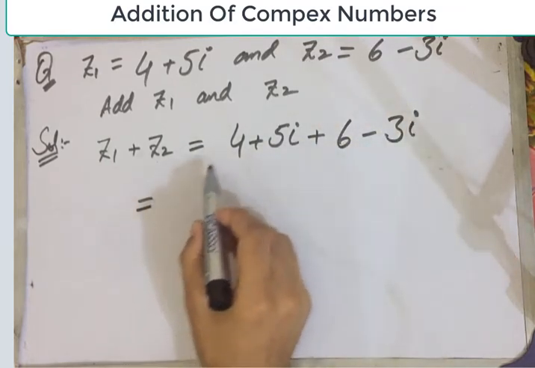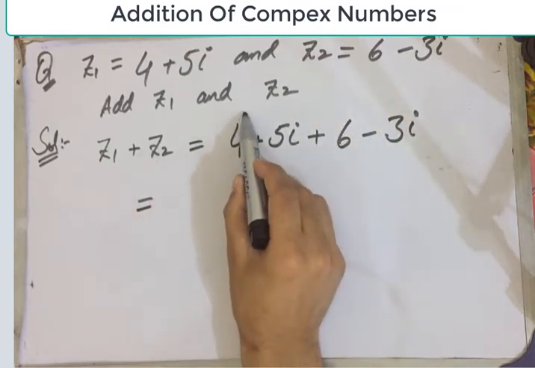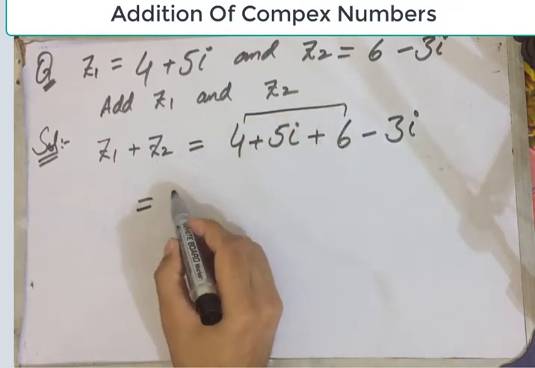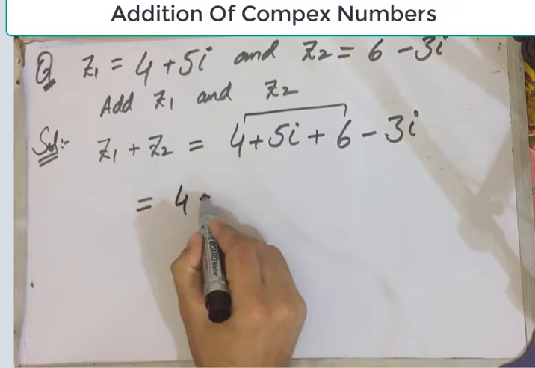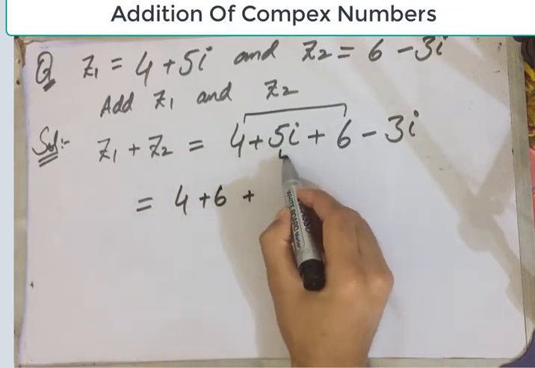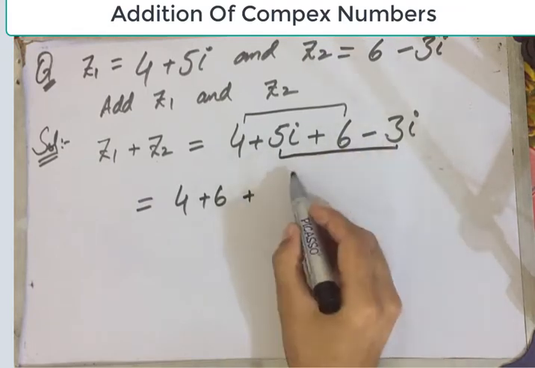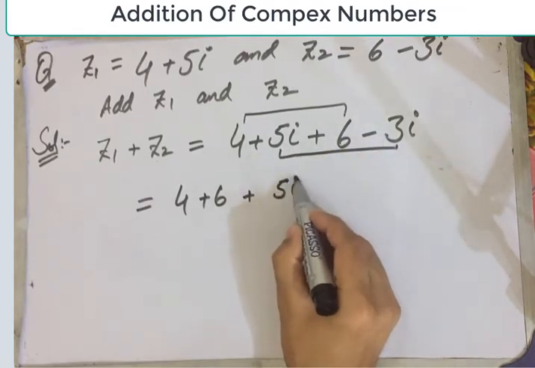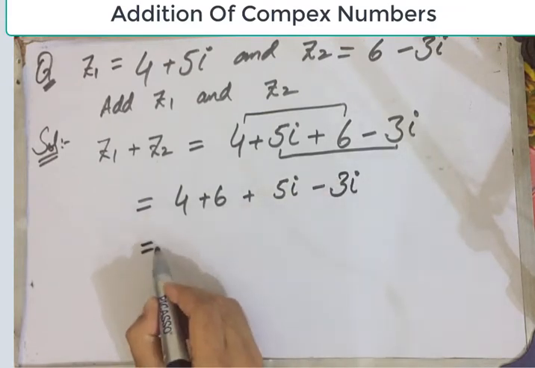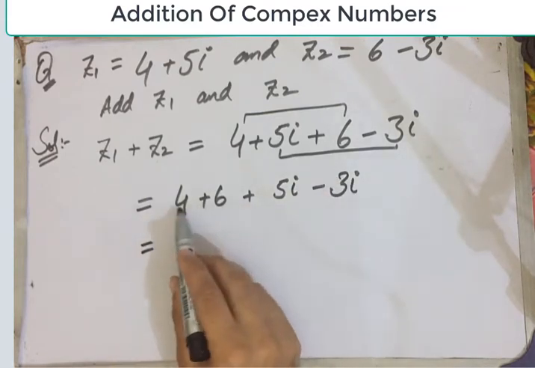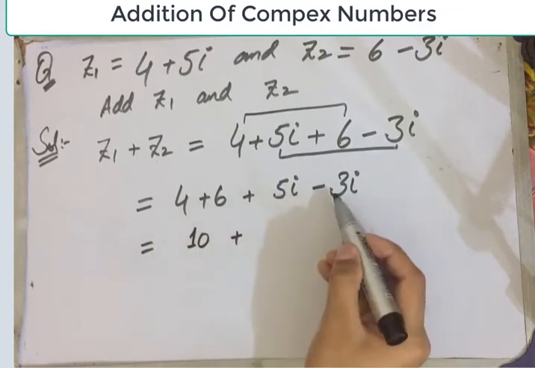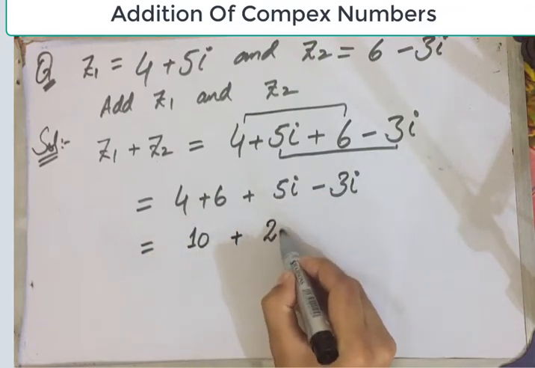So just simply add the real numbers without iota, which is 4 plus 6, and those numbers which have iota, 5 iota minus 3 iota. Let's add: 4 plus 6 will be equal to 10, plus 5 iota minus 3 iota will be 2 iota.